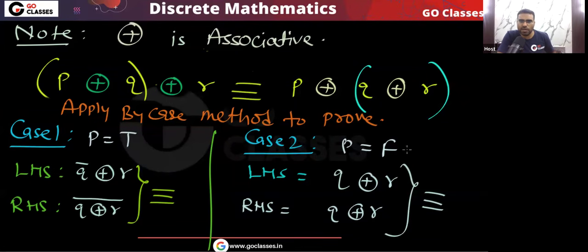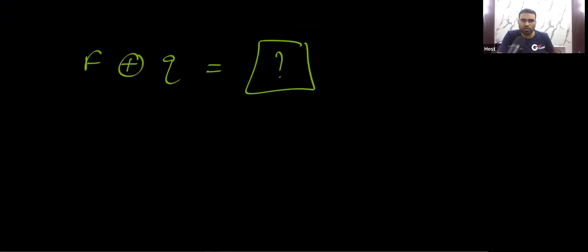Please tell me, if you put P equal to false, what is false XOR Q? See, this is very simple. You don't even have to take a copy and pen, because this is false, this is fixed.